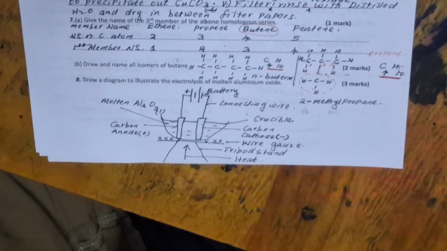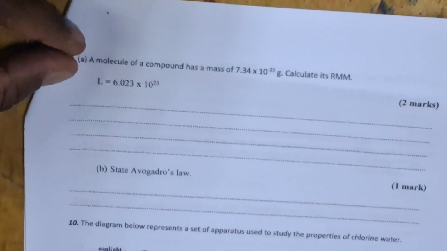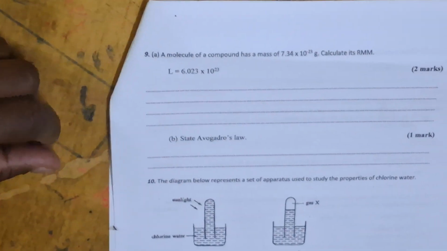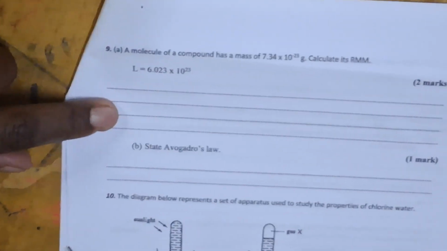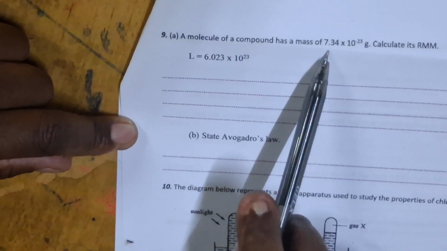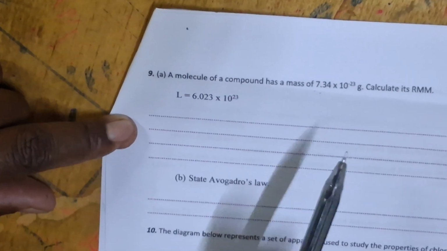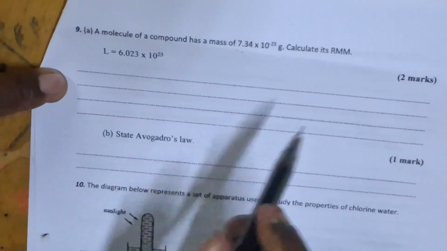We move to question number 9. A molecule of a compound has a mass of 7.34 times 10 raised to negative 23 grams. Calculate its relative molecular mass. So here you have been told that one molecule has a mass of 7.34 times 10 raised to negative 23 grams, and we want to know the molar mass.